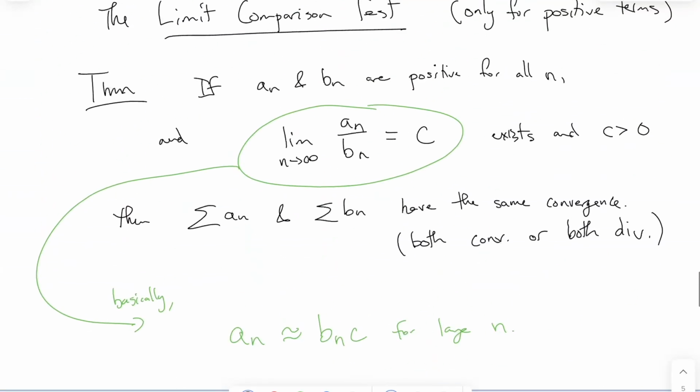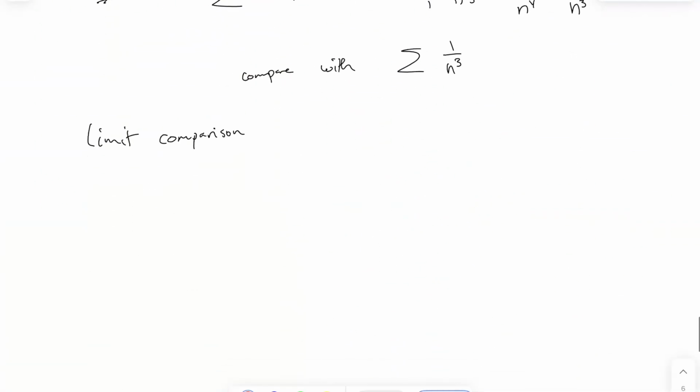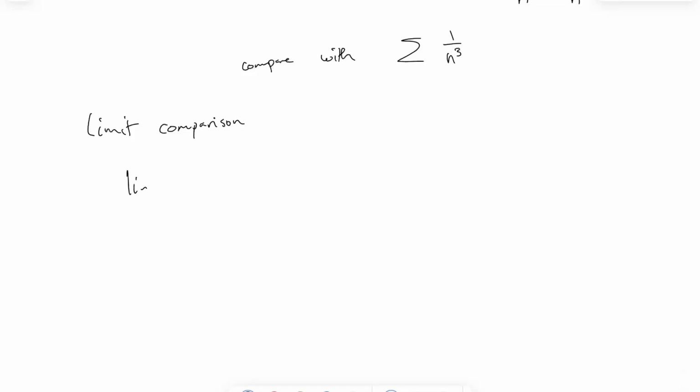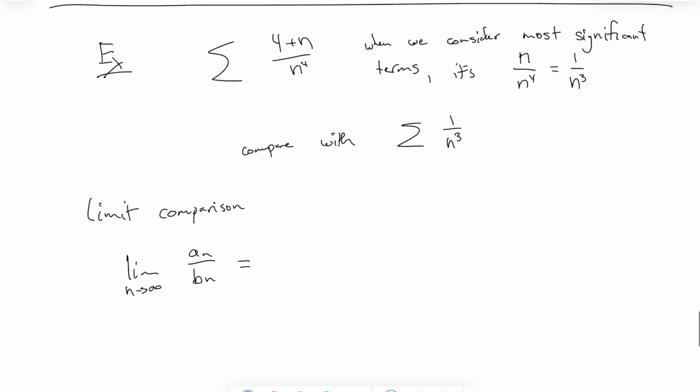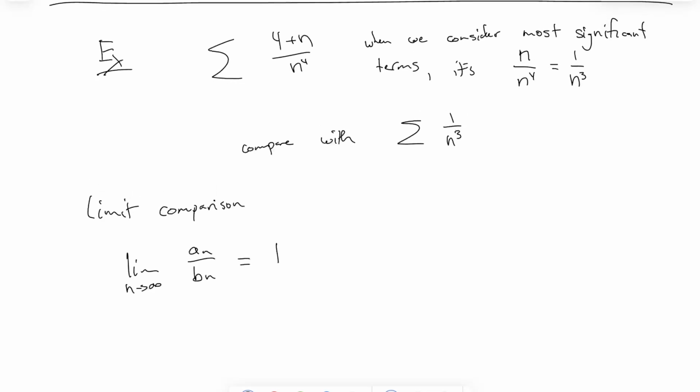The limit as n goes to infinity of a_n over b_n equals c. So I go: limit as n goes to infinity of a_n over b_n, where a_n is my original terms, just as a sequence, (4 + n) over n to the 4, divided by b_n, the one that I came up with, 1 over n cubed.